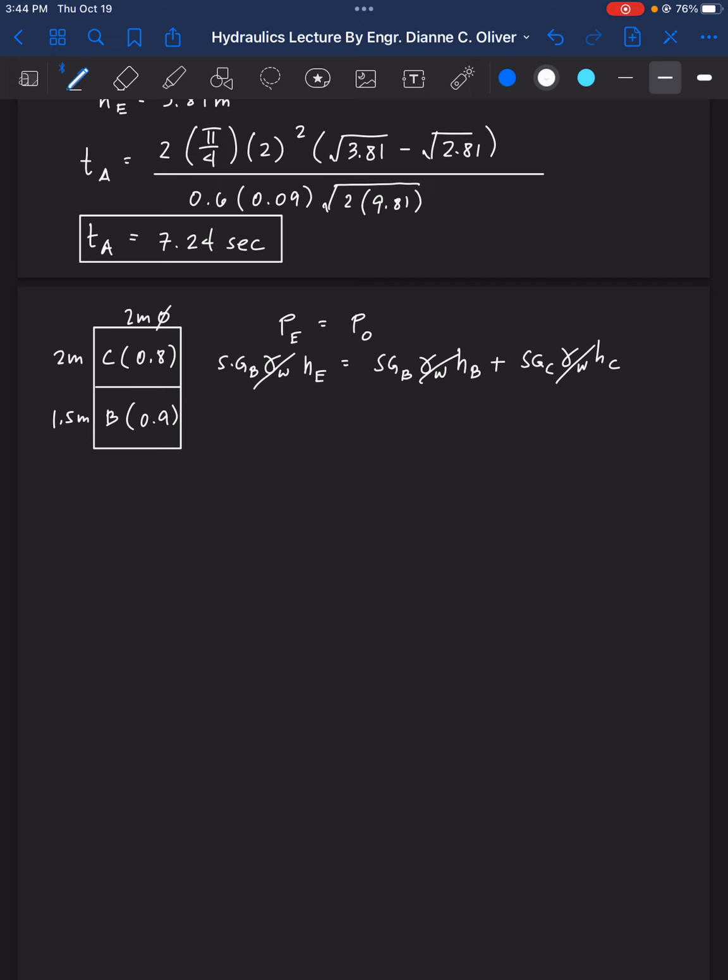The specific gravity of B is 0.9 times HE equals the specific gravity of B, 0.9, the height is 1.5, plus the specific gravity of C is 0.8, the height is 2 meters. So what is now the equivalent height if we are considering only liquid B?